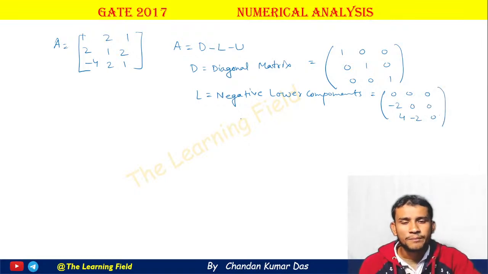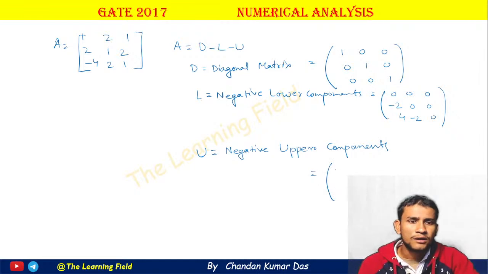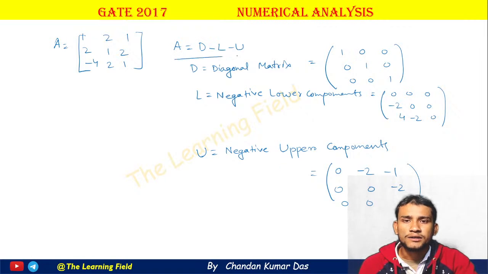So this is the matrix L. And U is the negative of the upper components, which is 0 minus 2 minus 1, minus 2, this one. So these are the three matrices, and if we do this operation you can easily see that A is the given matrix.